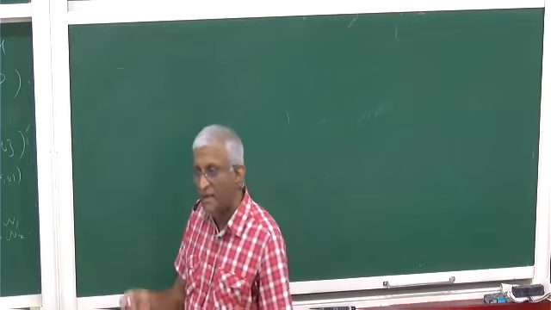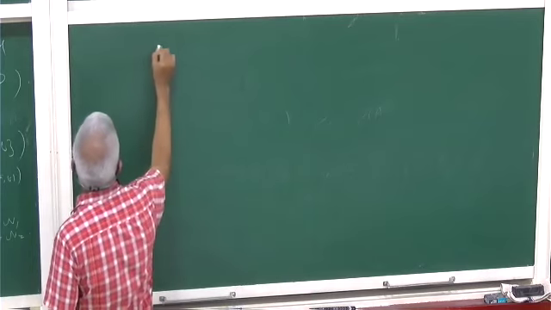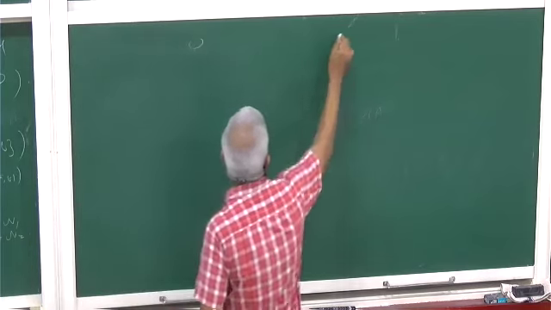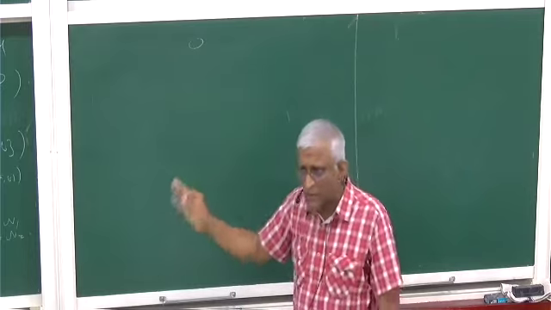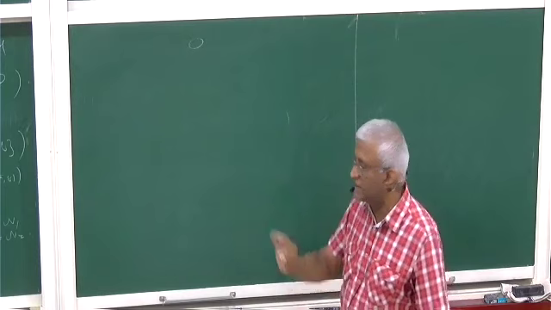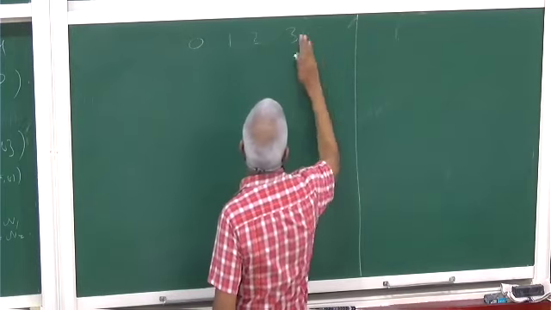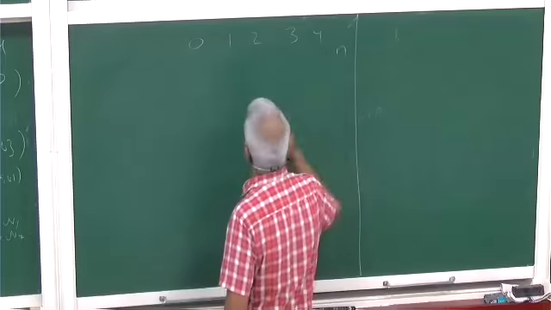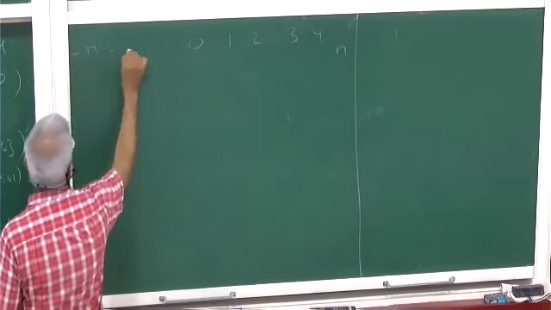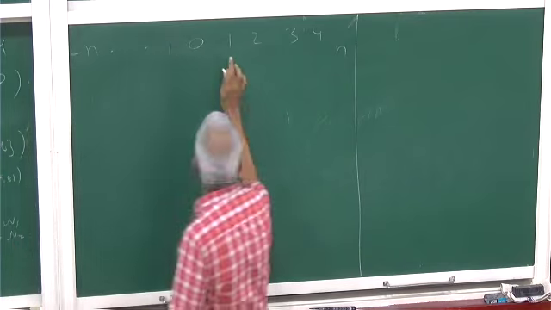What is an experiment? For example, you are standing here at 0, and you can only move in one dimension. You can do it in 2, 3, or any dimension, but it will be more complicated. For simplicity, you can move to 1, 2, 3, 4, like this. This is a random walk. You toss a coin, and if it is head, you move one step ahead.